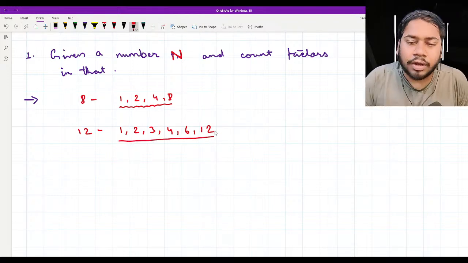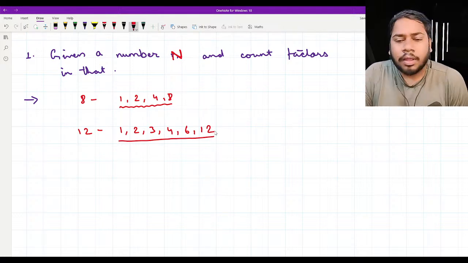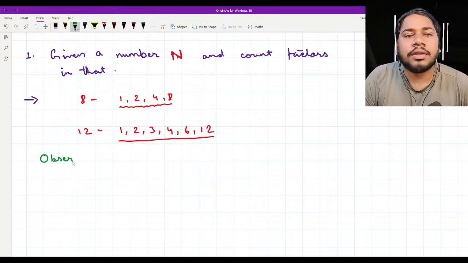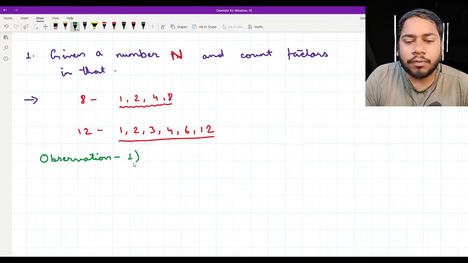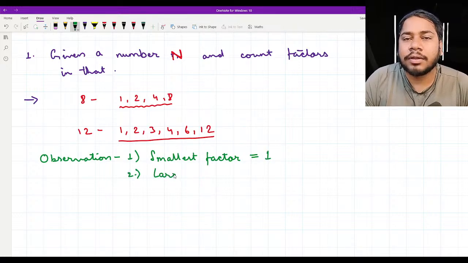Got it. So what observations are we making here? First, the smallest factor is 1. The largest factor is the number itself.